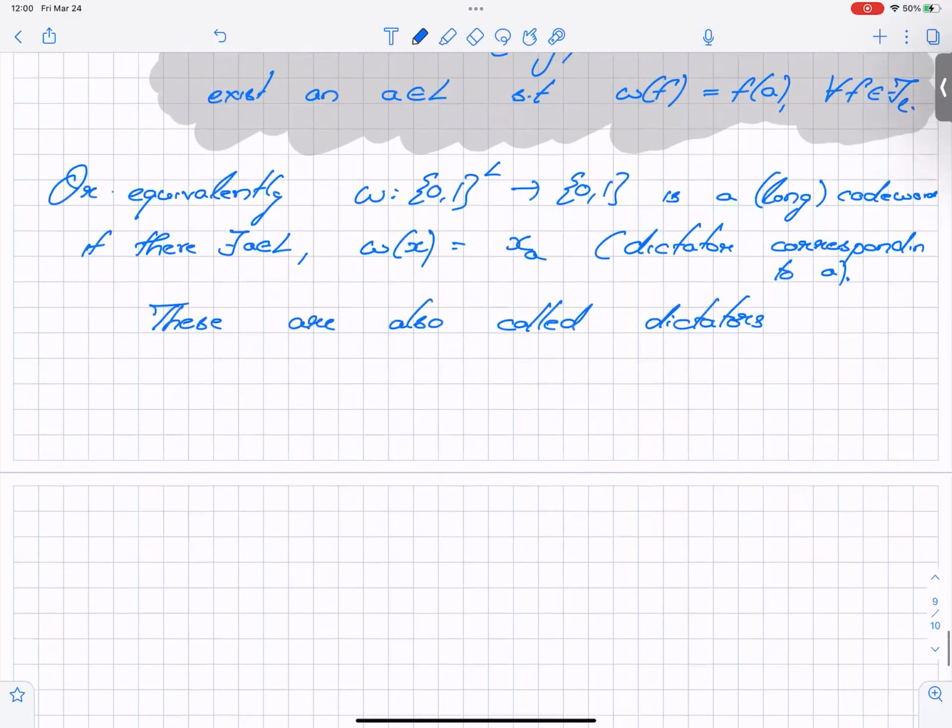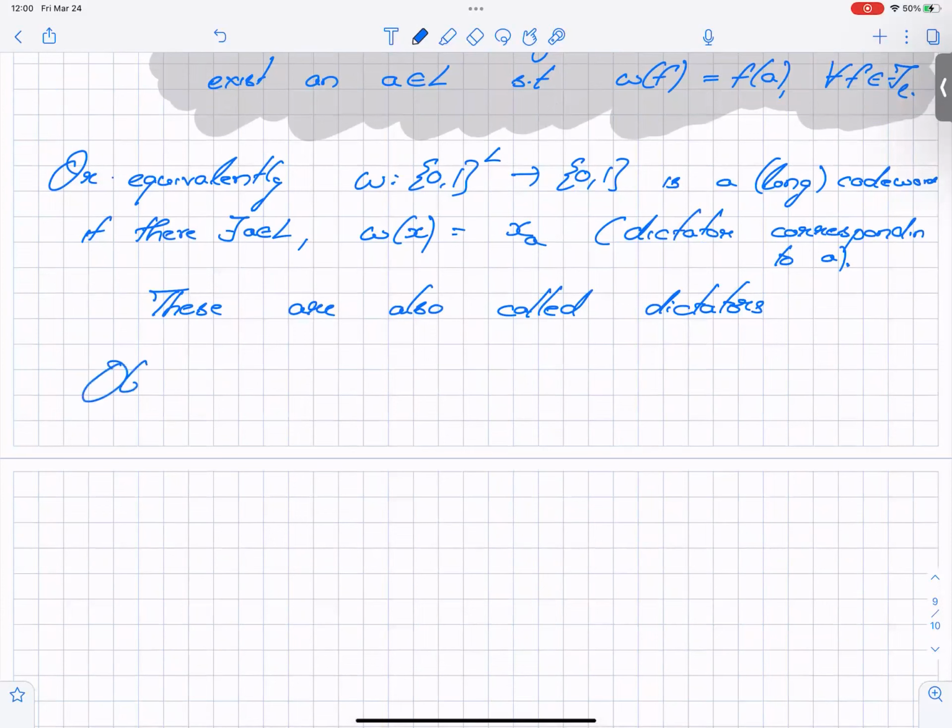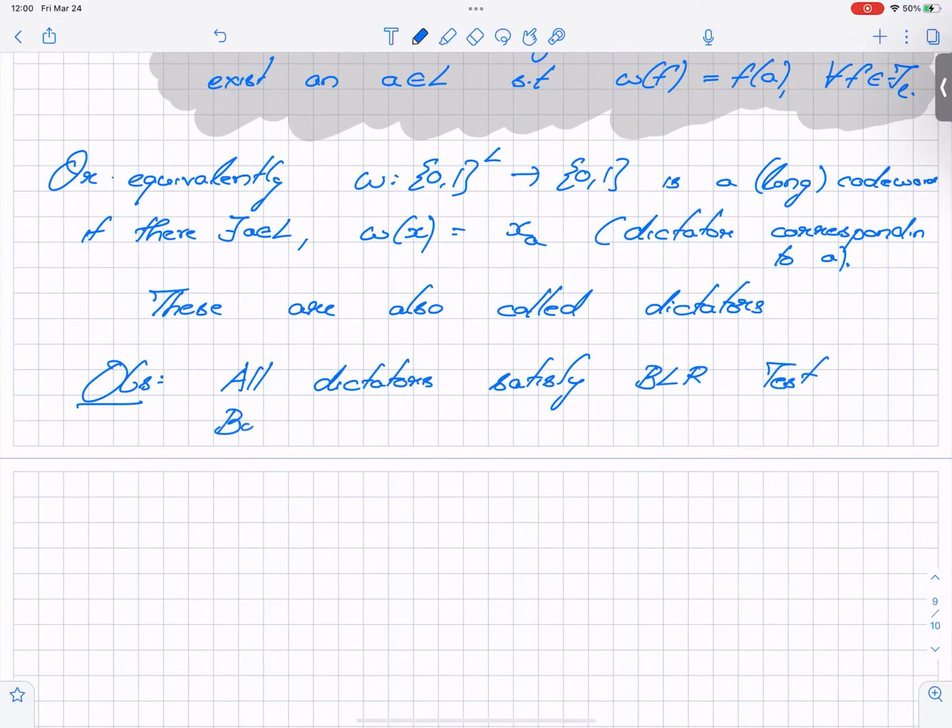So the observation is: for the BLR linearity test, all dictators satisfy the BLR test, but so do all linear functions.